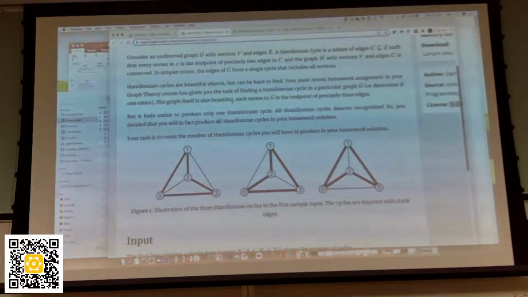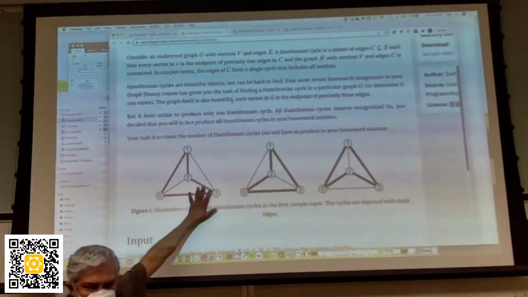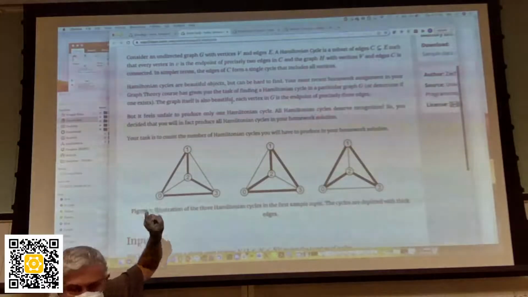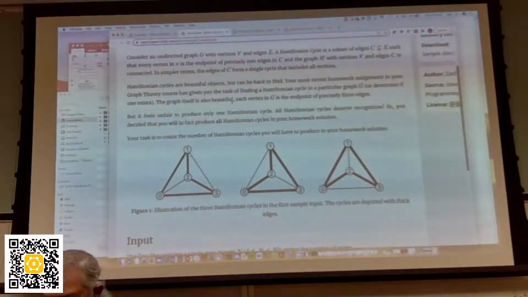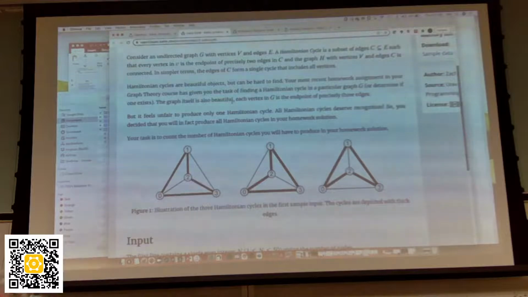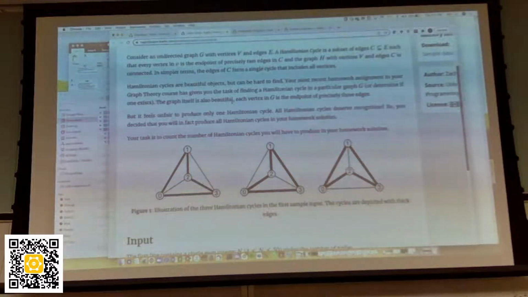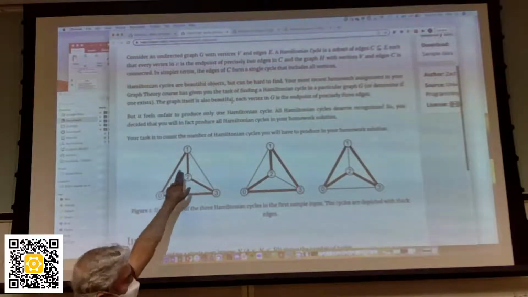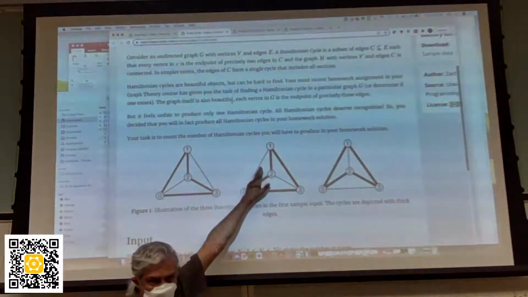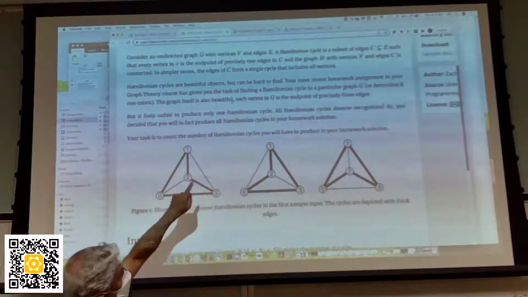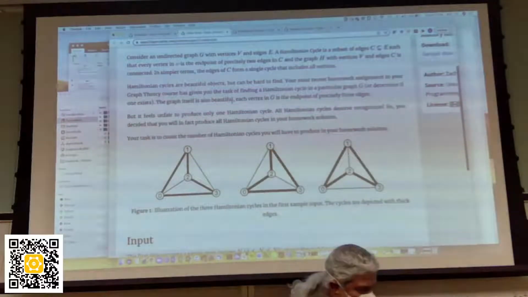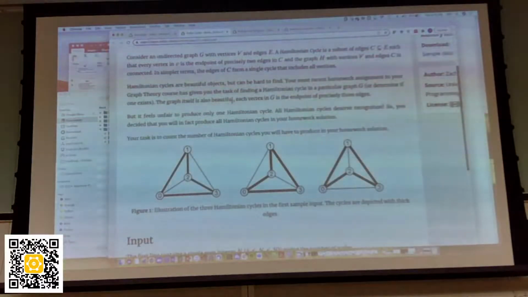Okay? And you're given a graph, and you're asked to, what are you asked to do? You just want the count of the number of Hamiltonian cycles. Now, the important constraint here that you need to understand is this one here.